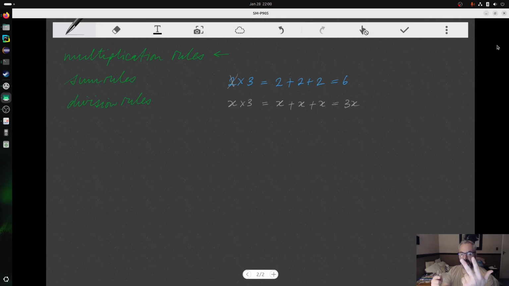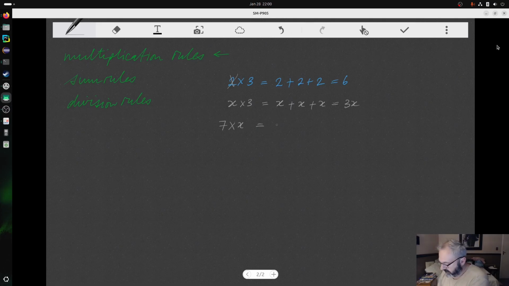Think of it like this. If I had one apple and I multiplied that apple by 3, how many apples do I have? I've got 3 apples. Don't forget, if I had something like 7 times x, I would now have 7 x's. I've got 1 apple and now I've got 7 apples.